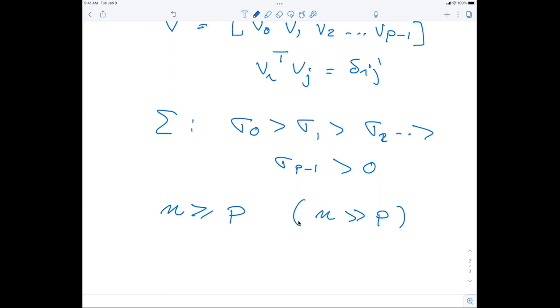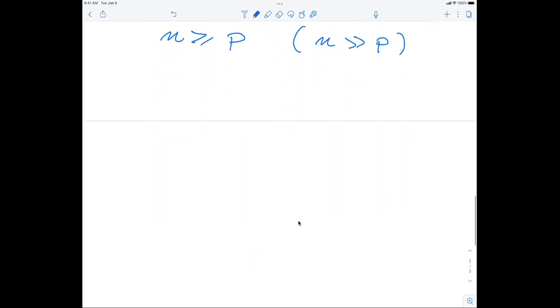So we are typically in a situation where the number of entries is much larger than the number of features.